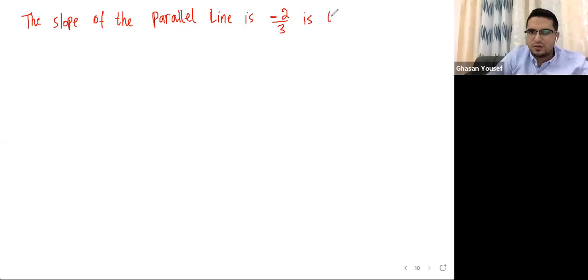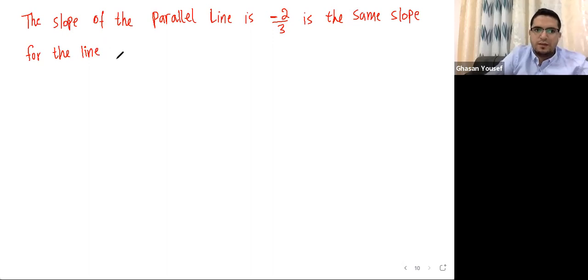It is the same slope for the line of the example, the line I'm looking for.